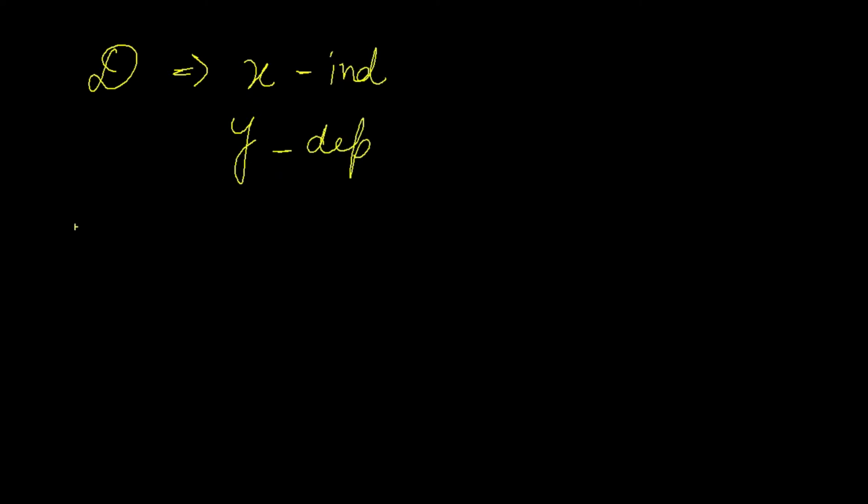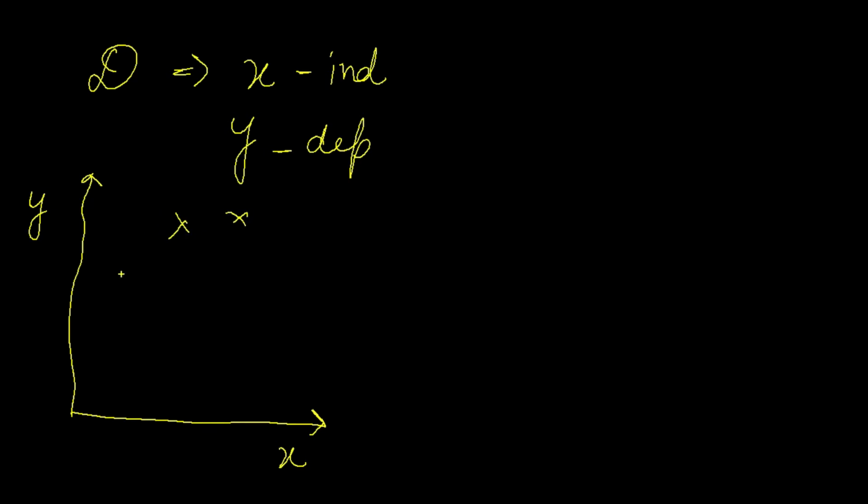Now, let's consider the dataset D having only one dependent variable and one independent variable. This is our independent variable and this is our dependent variable. Now, if we have the plot of this dataset like this, consider this plot. This is our x-axis and this is our y-axis. Now, let's have the points like this. You can see I'm drawing the points.